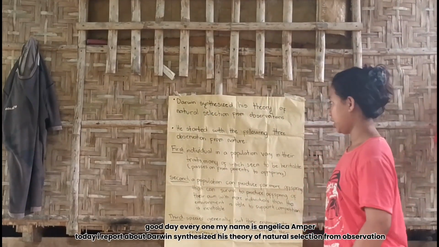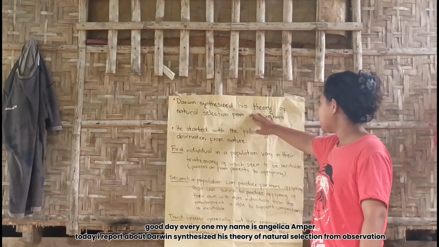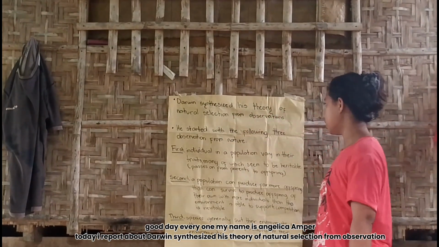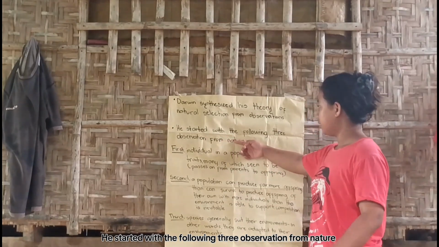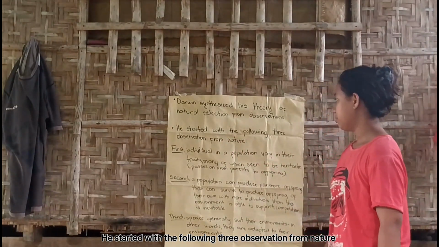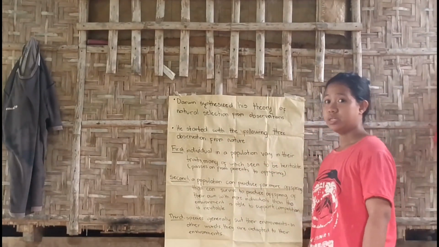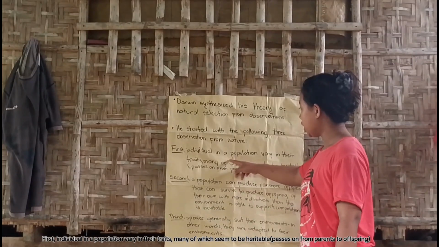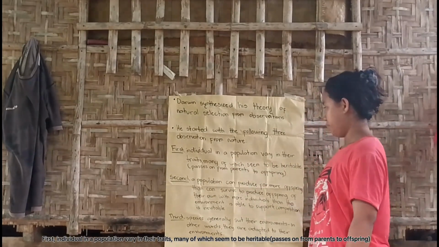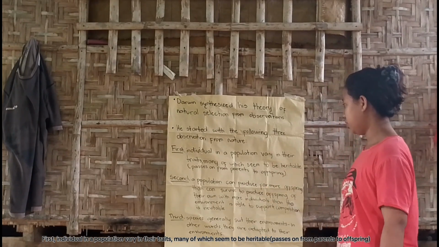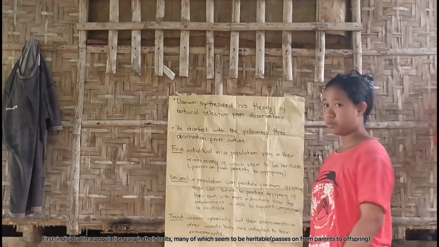Today, I report about Darwin's theory of natural selection from observation. He started with the following three observations from nature. First, individuals in a population vary in their traits, some of which are heritable, passed on from parent to offspring.